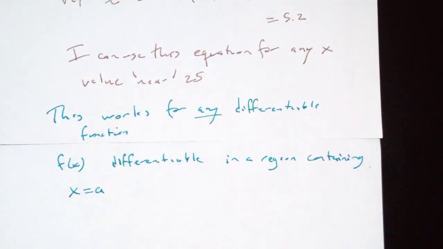Let's suppose I have any function, and that function is differentiable in some interval containing x equals a. That's the point I'm going to use. Ideally, that's a value of x where I know the output, like I used 25 because I knew the square root of 25.